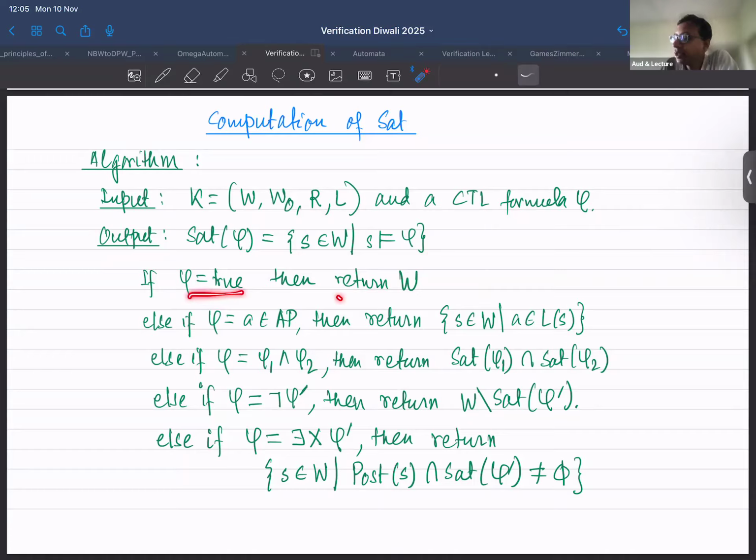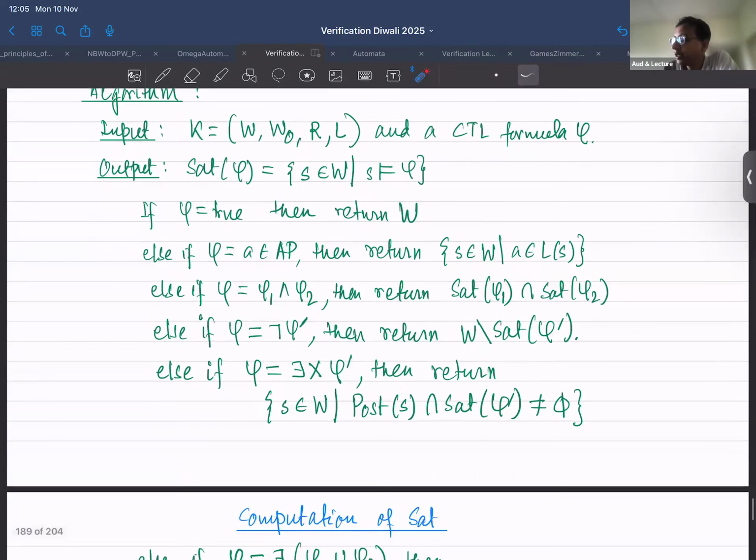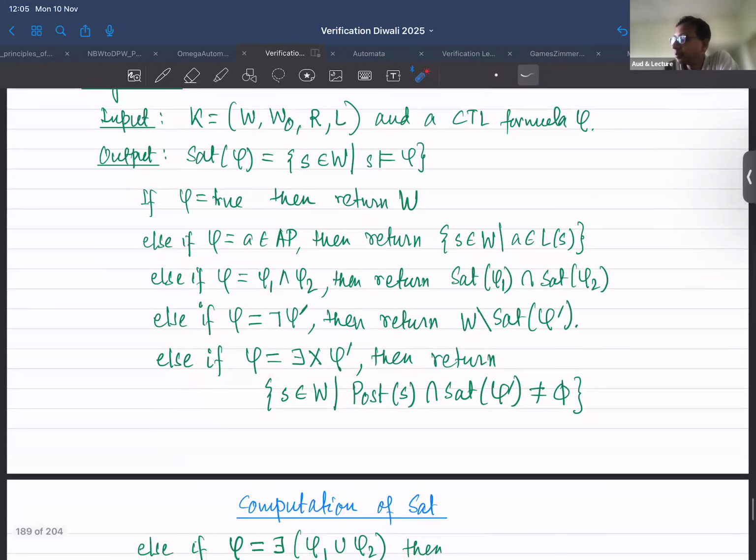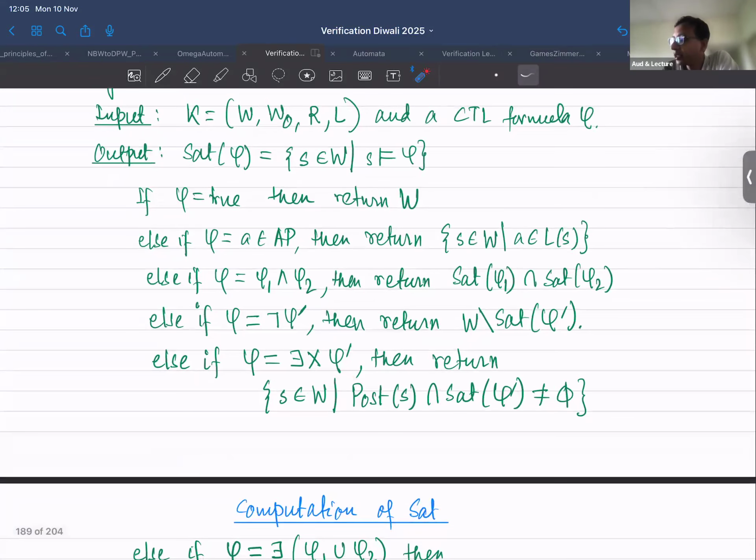If phi is true, you return the whole of W. If phi is some atomic proposition A, you return the set of states such that A belongs to the labels, the set of propositions which hold in S. If it's a conjunction, you take the intersection. For negation, you take the complement of the set. For exists X phi prime, you take the post S intersection sat phi prime, and check it is non-empty.